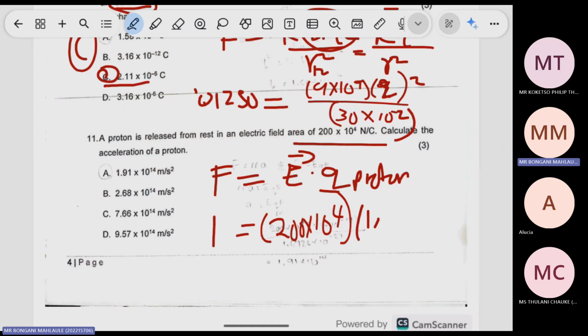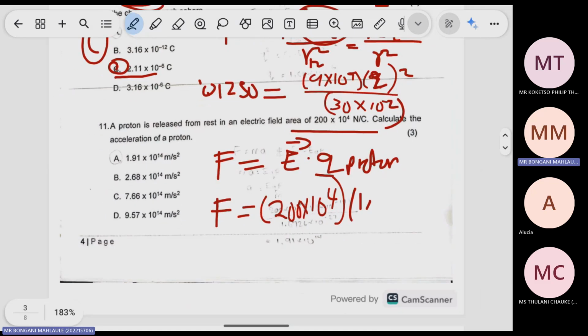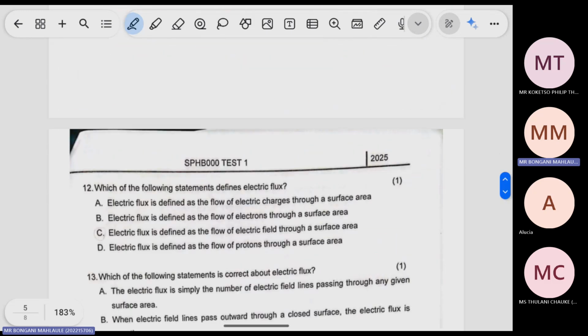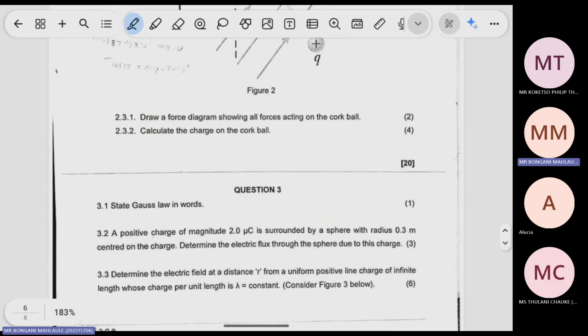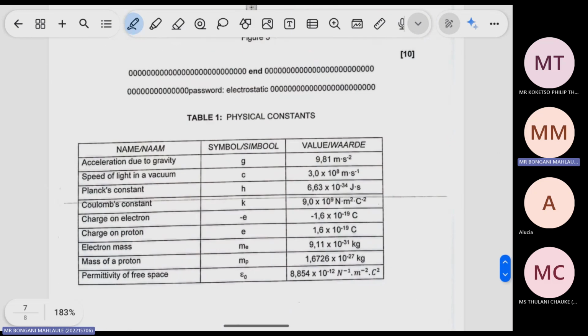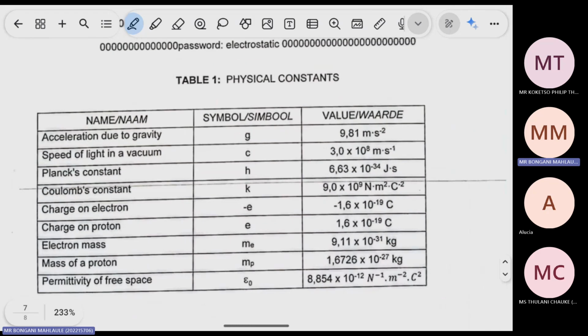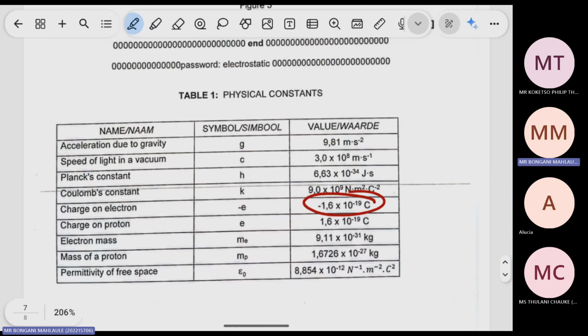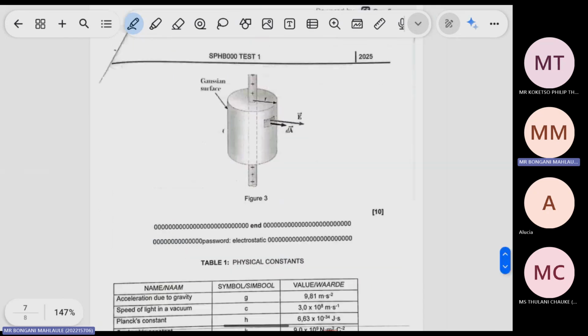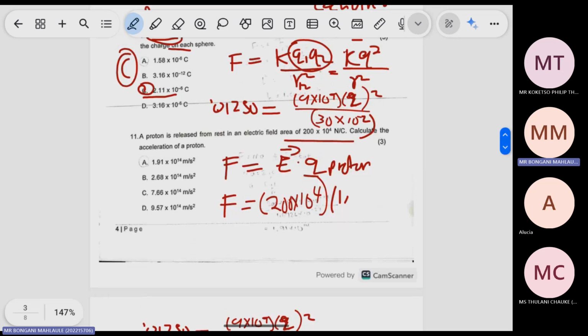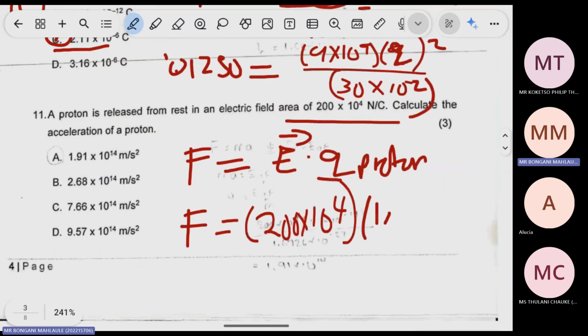Calculate the acceleration. Okay, now we're still calculating the force. Let me see what's the value there on the table. We're just supposed to come to the table and check this value. Charge, yeah, it will be 1.6. The charge of an electron and a proton are the same. So I'll start by getting the force.